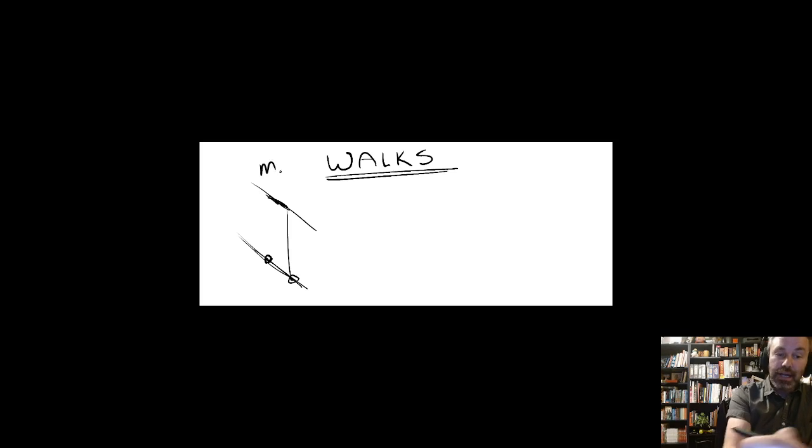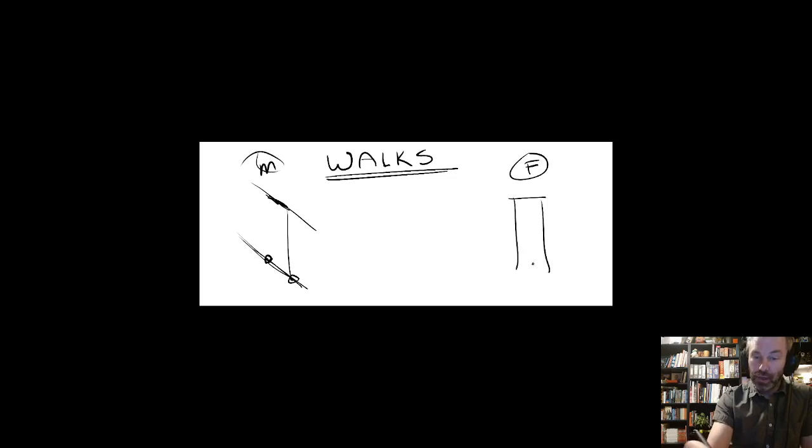So this is the more masculine walk. A more feminine style walk is going to be where if we have our person right here and we lift up this foot, what we're going to see is the exact opposite, right? We're going to see that this hip drops down while this goes up. Maybe some arrows will help. Like this. And so what we're effectively going to get is these triangles.